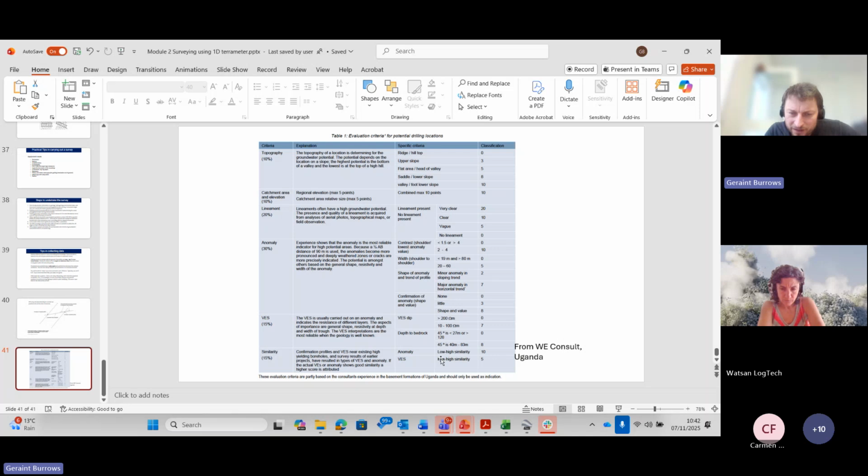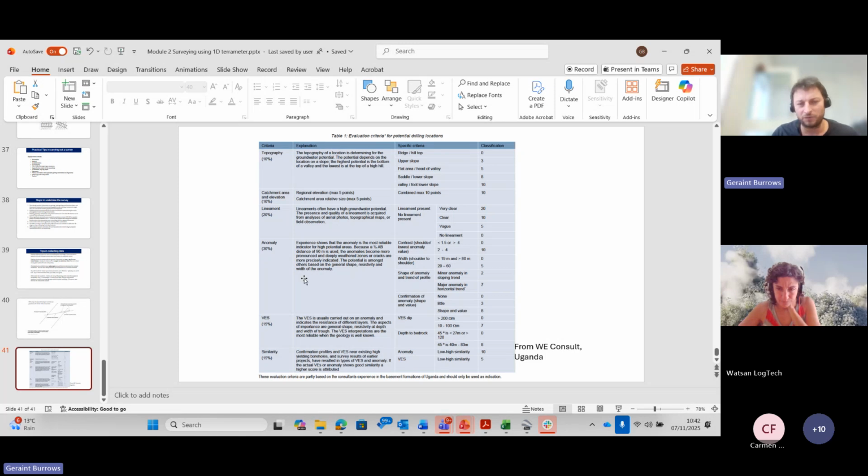And also, if the actual resistivity data that you're receiving is similar to the anomaly that you picked up with the constant separation traversing, then that would give you more score than if it's not.